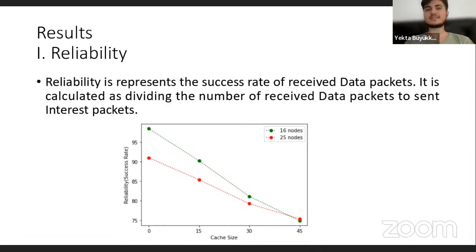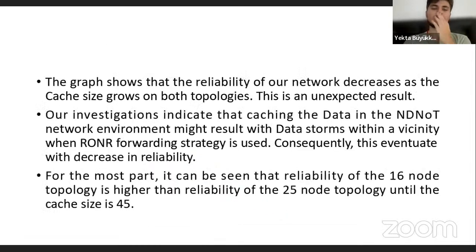After receiving this result, we did a quick investigation, and that investigation indicated that caching the data in the NDN OT network environment might result in data streams within a vicinity when the RON forwarding strategy is used.